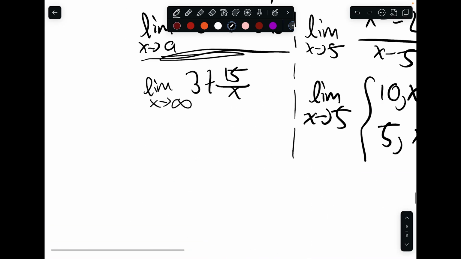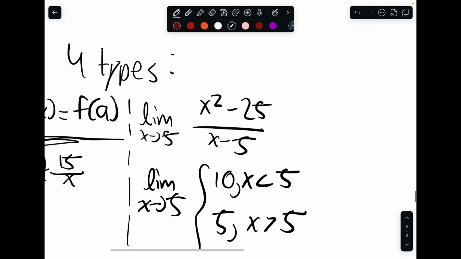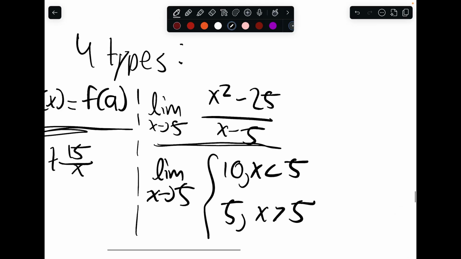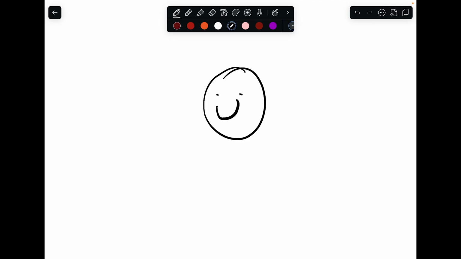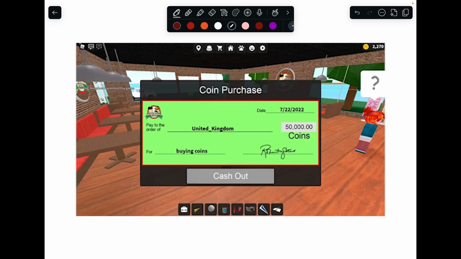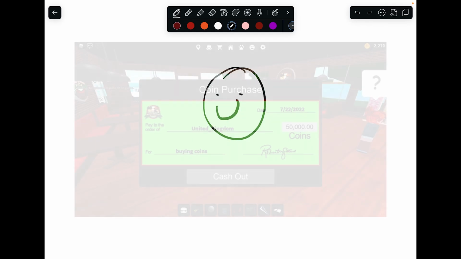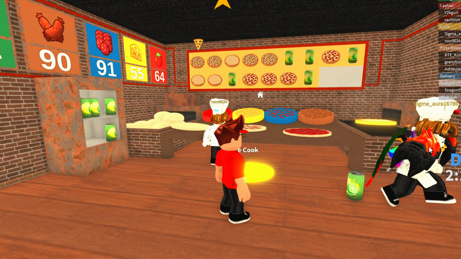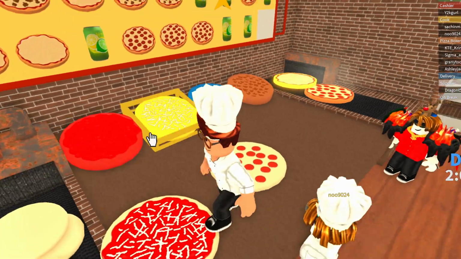The second type of limit is a little bit more complicated and requires some algebra skills with factoring. Let's go back to the kitchen. This time, let's work with how many average points you get. When you make pizzas, you do so because you get in-game points.